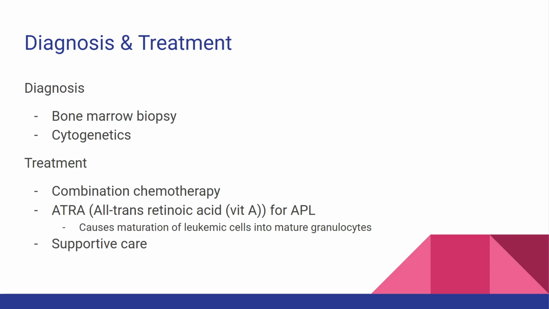So remember all-trans retinoic acid, very, very important. And it's also important that you know how this affects the cell. I think if I remember correctly, it's something about maturation in the nucleus or something along those lines.